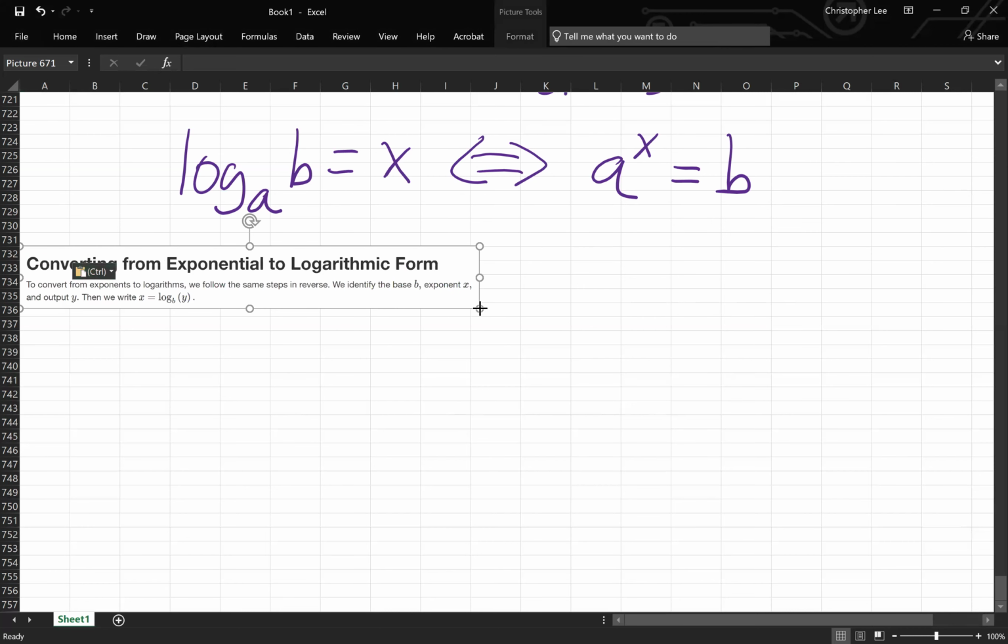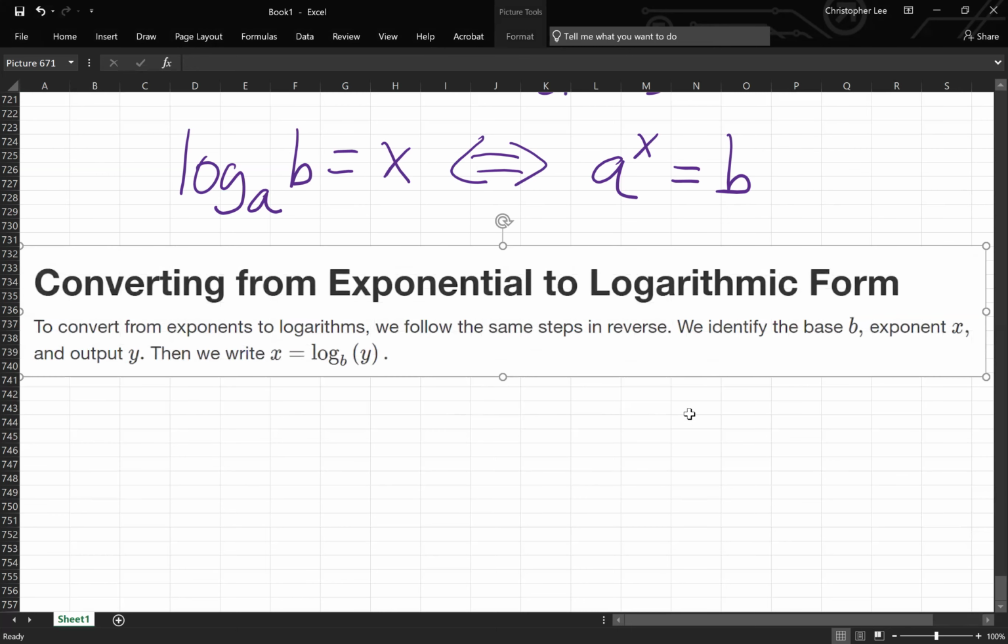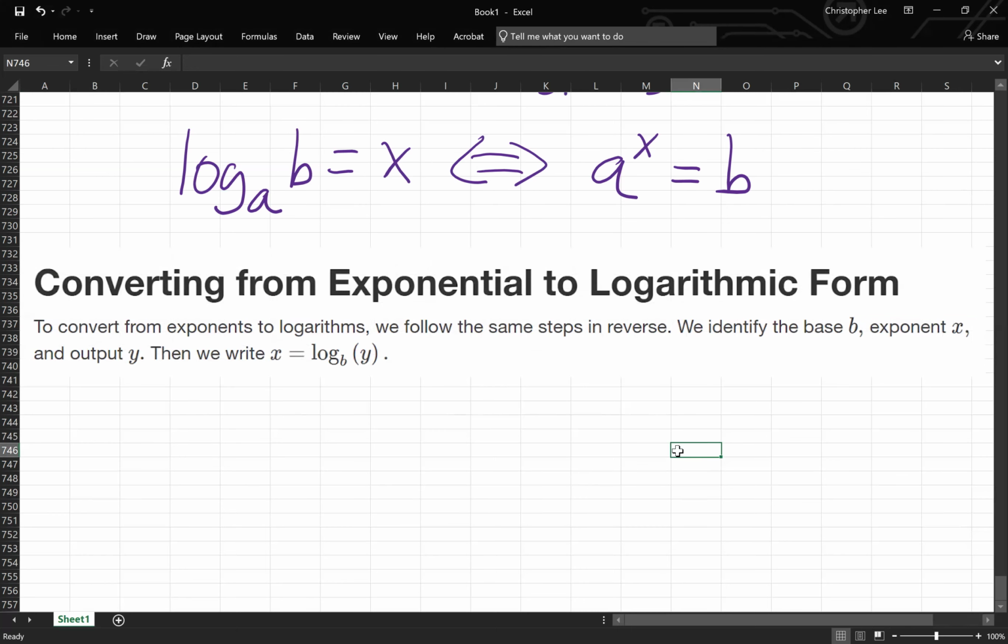So converting from exponential to log form. To convert from exponents to logarithm, we follow the same steps in reverse. We identify the base b, component x, and output y. Then we write our answer as x equals log base b of y.